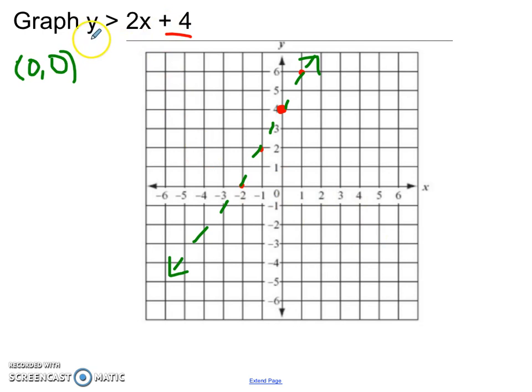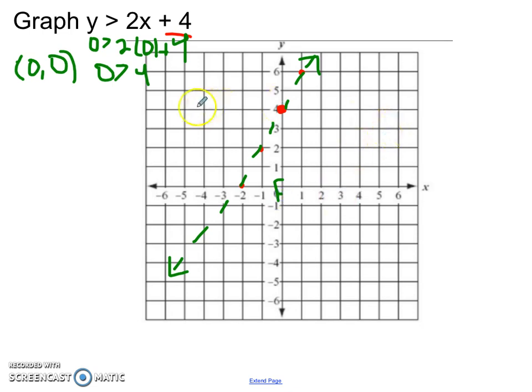If I put in 0 for this, 0 is greater than 2 times 0 plus 4. Well, 2 times 0 is 0. 0 plus 4 is 4. 0 is not greater than 4, so this side returns a false value.